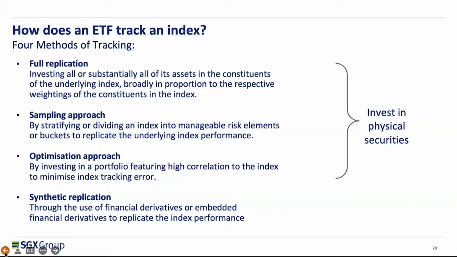There are only 30 stocks. It's easily trackable. The sampling approach is typically used in an index, say a fixed income index, that tracks a few thousand individual securities, and that can present a challenge in terms of fully replicating the index.